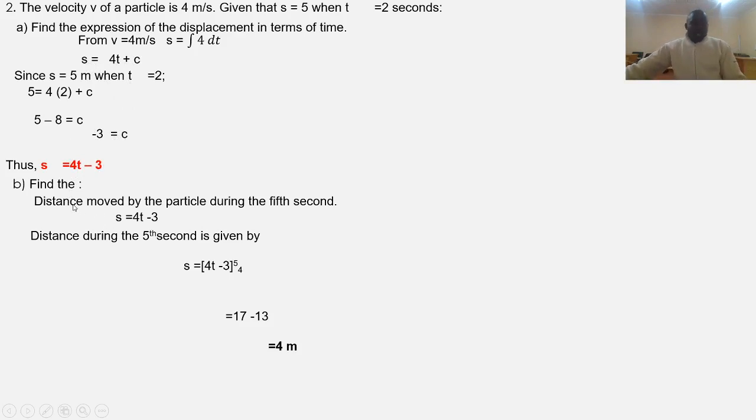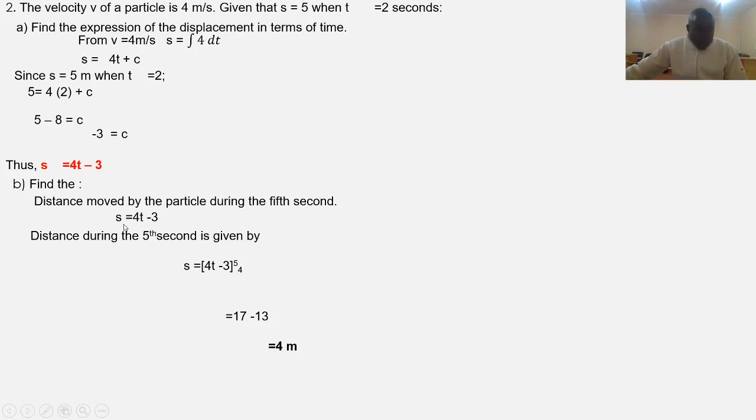Part B. Find the distance moved by the particle during the 5th second. If you remember in differentiation, the 5th second means we find the limits of 5 and 4.